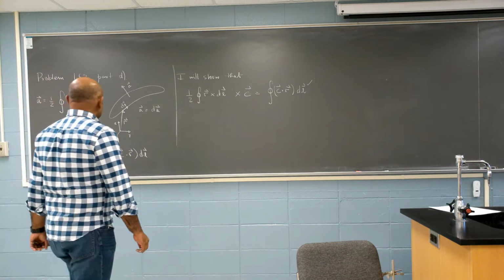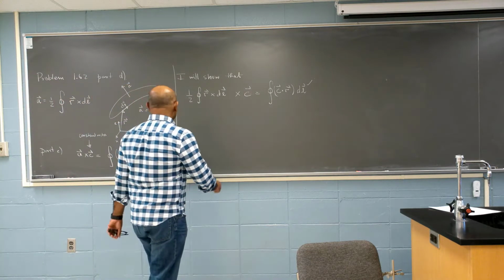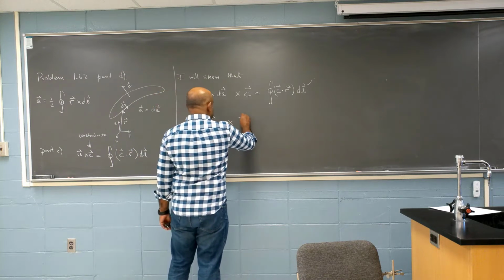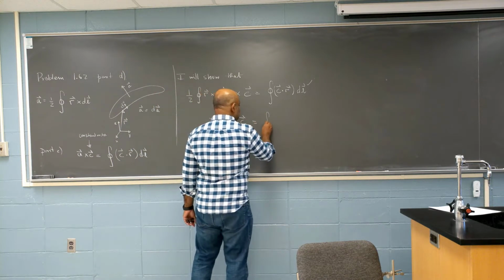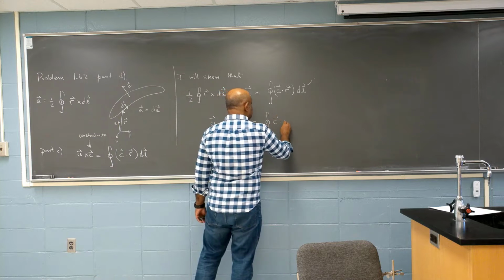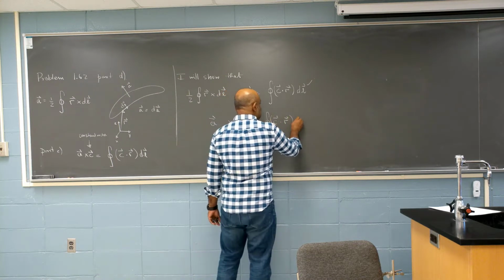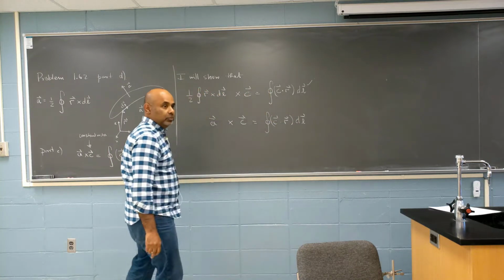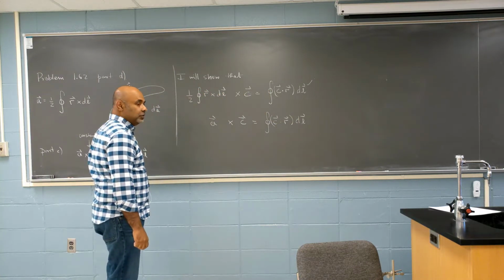We already know that A cross C is equal to C dot R dl. So if I subtract these two, what will I have shown?